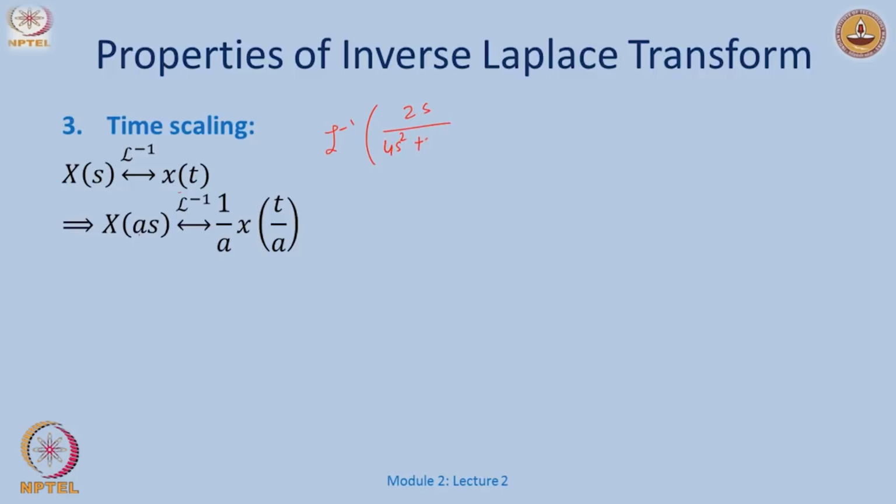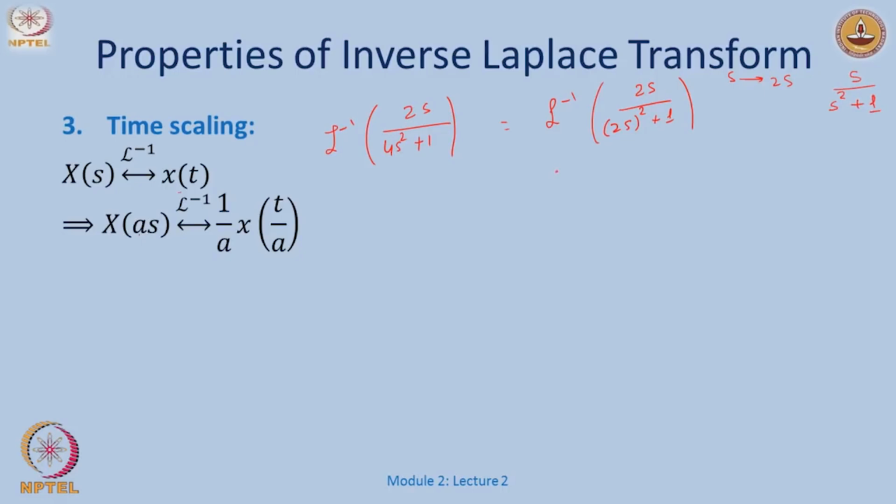Take 1 over 4s squared plus 1, this is the inverse of 1 over 2s squared plus 1. This is almost like s replaced with 2s. Okay. So, if I just write down the signal without the time scaling, it will look like 1 over s squared plus 1, again a cosine kind of signal.